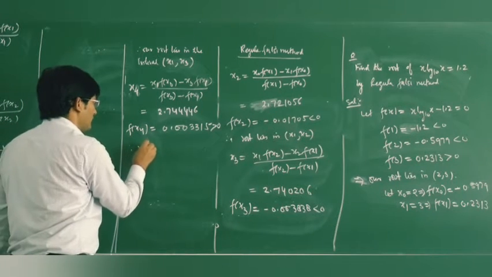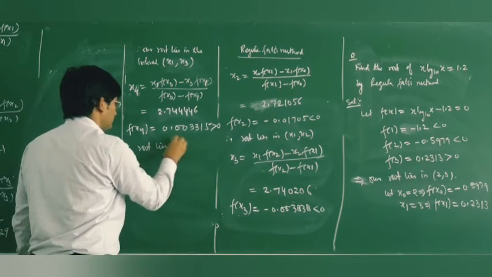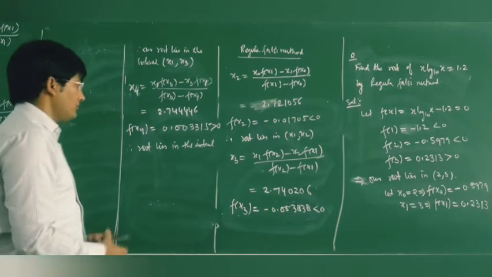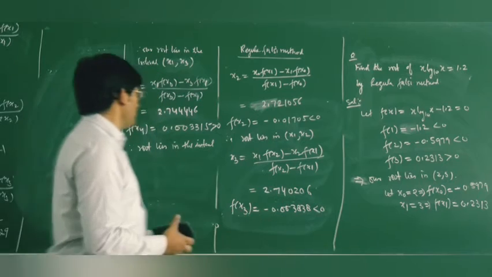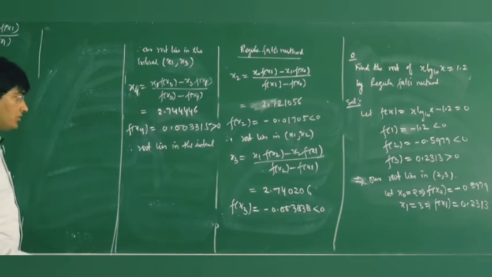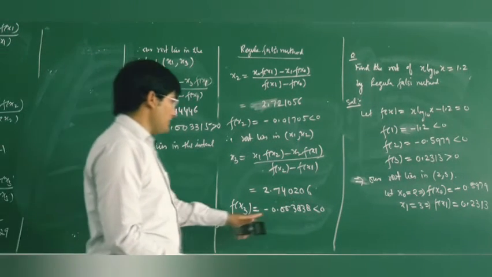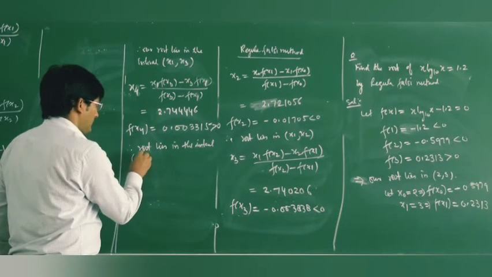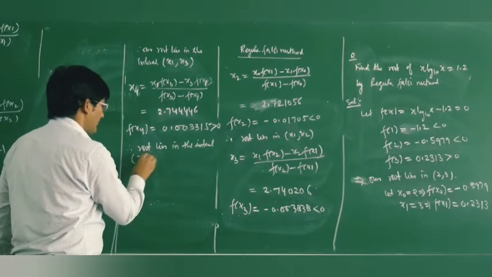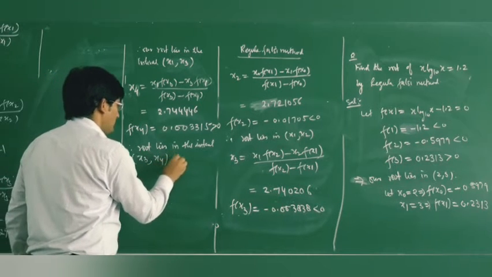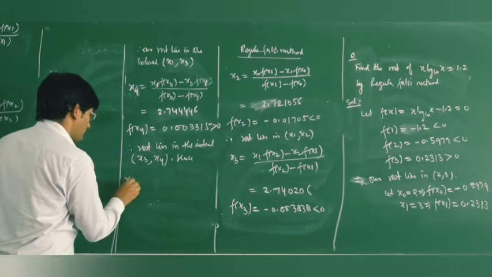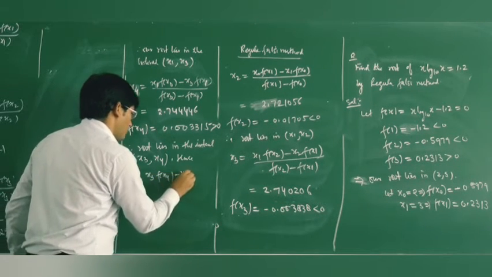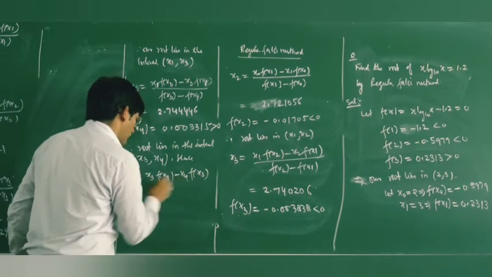Therefore, root lies in the interval. Now at this x4 we have positive, and at x3 we have the value of the function as negative, so our root will lie in the interval x3, x4. Hence, our x5 is equal to x3 f of x4 minus x4 f of x3 divided by f of x4 minus f of x3.